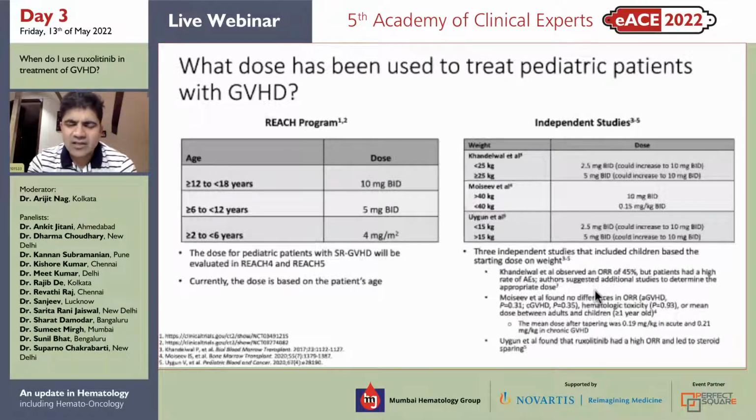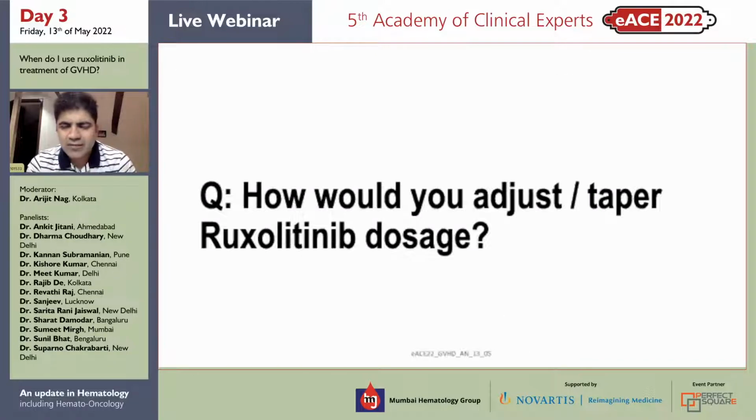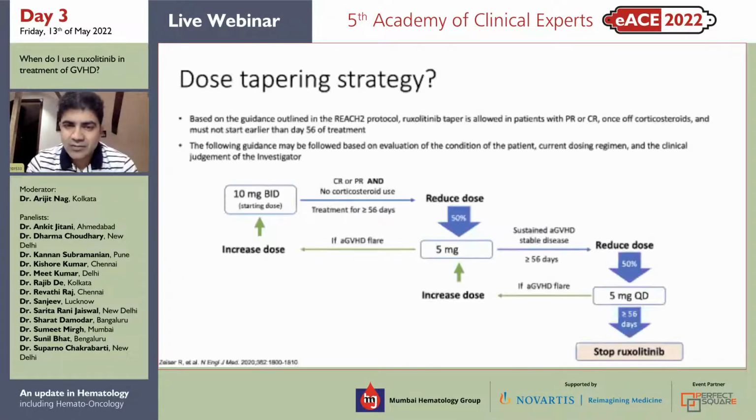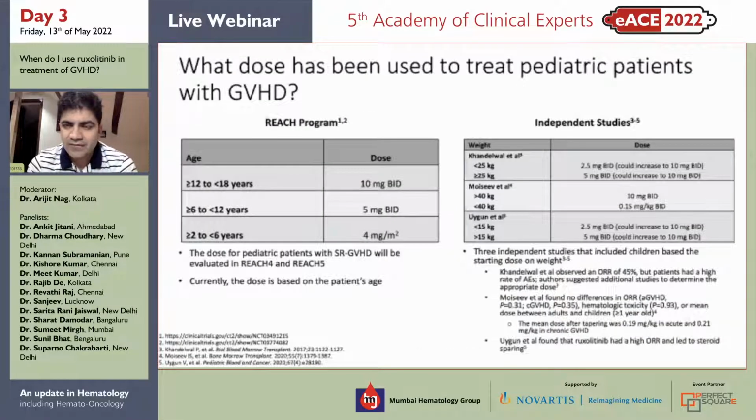I think the doses you mentioned here, we use for children more than 40 kilos or more than 12 years, the same adult dose as 10 milligram BD. And for younger children less than 12, we use 5 milligram BD. Now, I differ a little with what was said earlier. If there is no contraindication, especially hepatotoxicity or severe neutropenia, at the start of the drug, one should start with the adequate dosage, which is 10 milligram BD in adults, and of course whatever is the pediatric dosage.